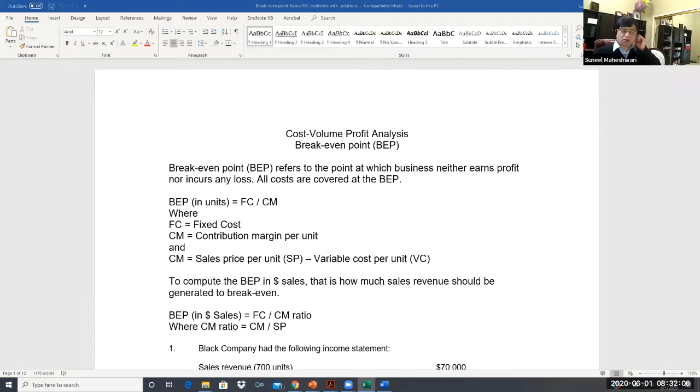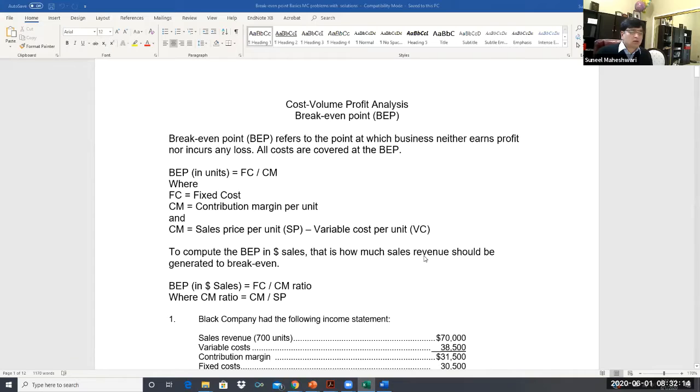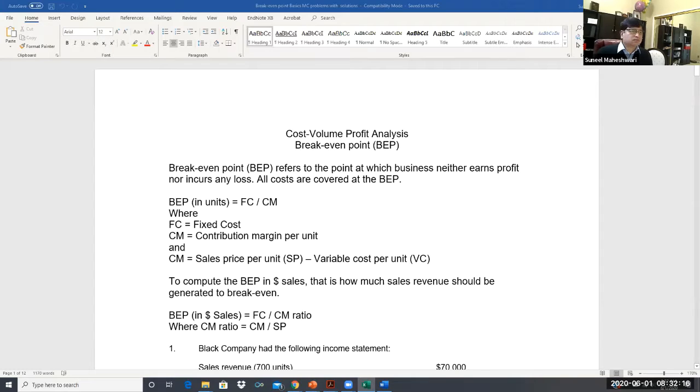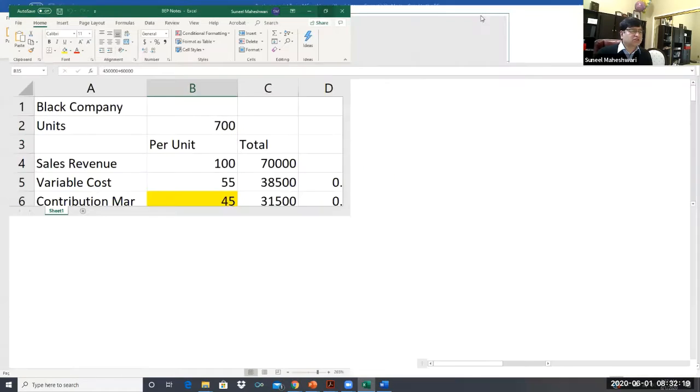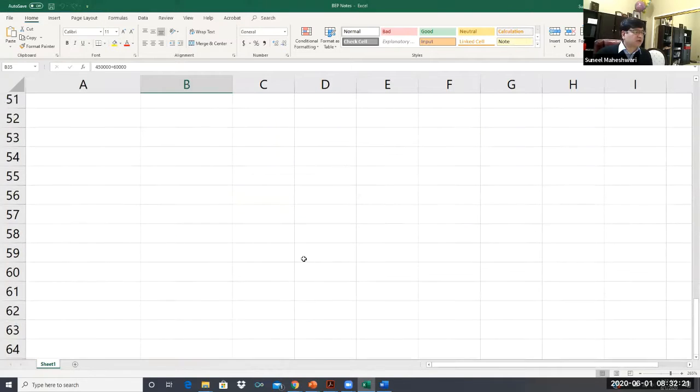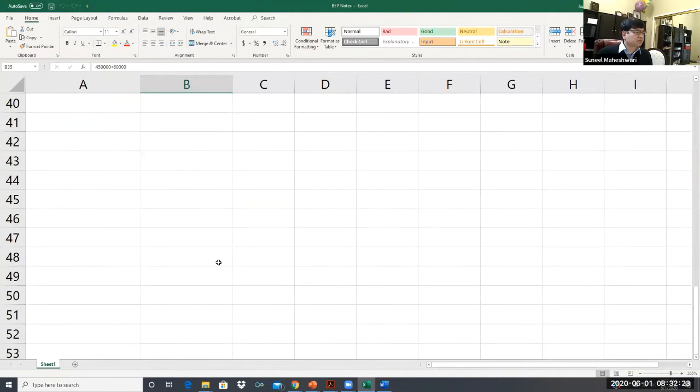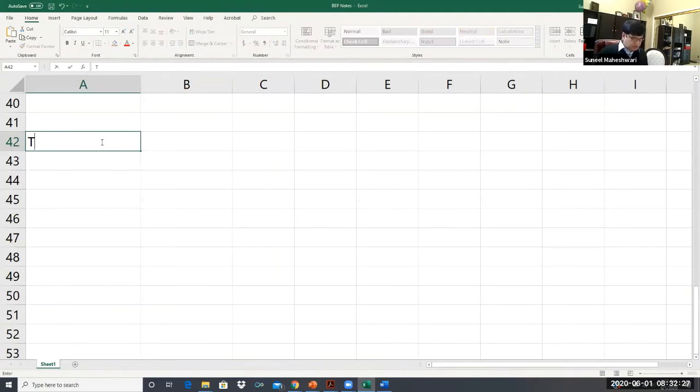Okay, so cost volume profit analysis. Now I've got an Excel spreadsheet on top of it. So your total cost, as I said, is equal to your fixed cost plus variable cost.